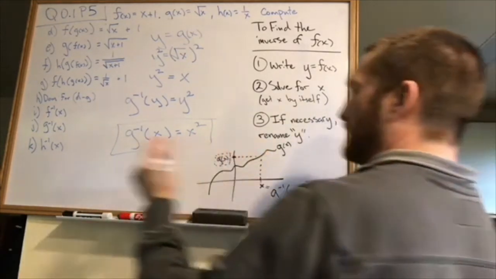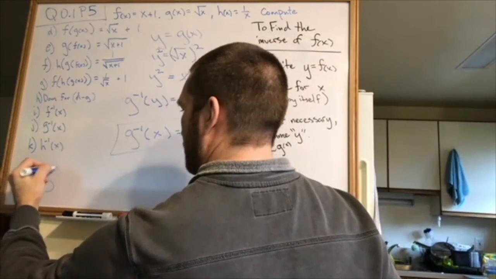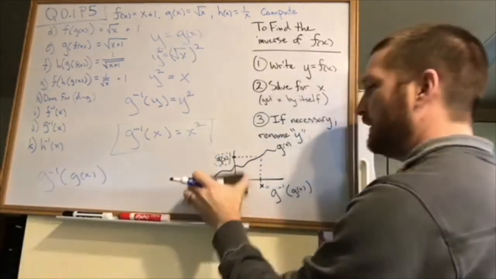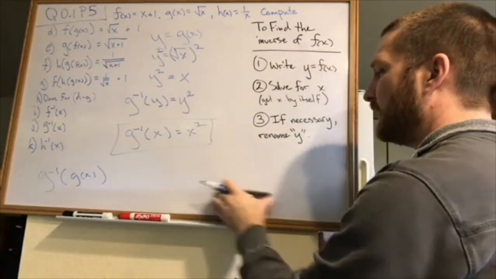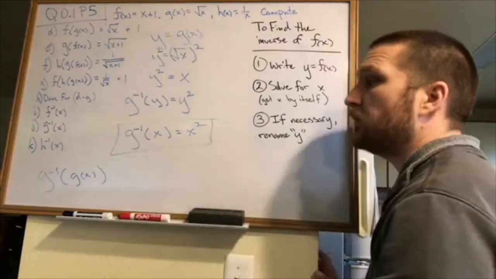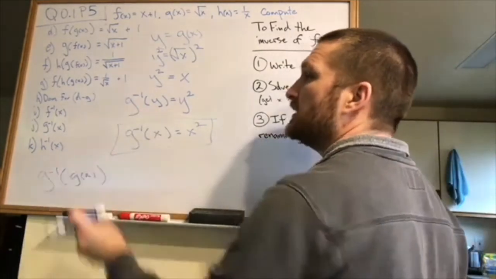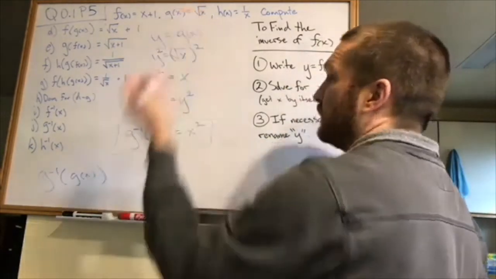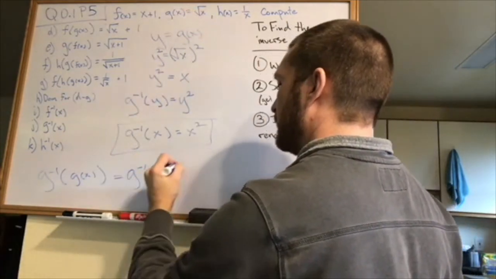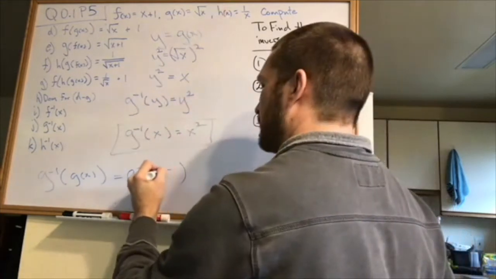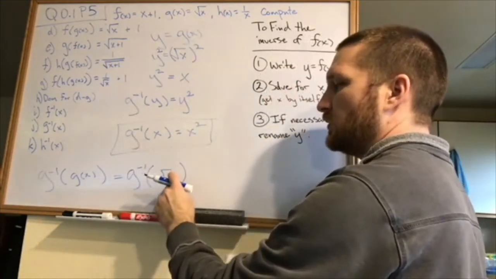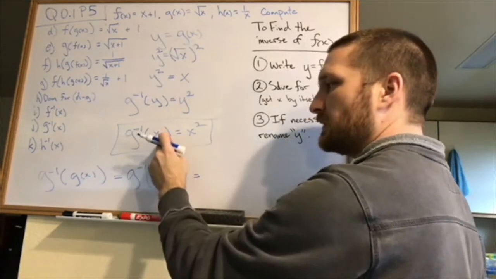So g inverse of g of x. All right, so looking at the innermost thing is an x. Now plugging in value in, so he's staying alone, moving out g of x. Well, we have to use the formula. So g inverse of g of x is the square root of x. Now, what does g inverse say to do to it? It says take whatever's inside and square it.